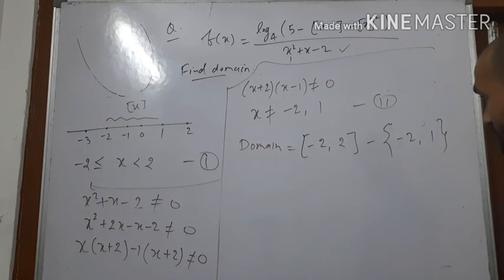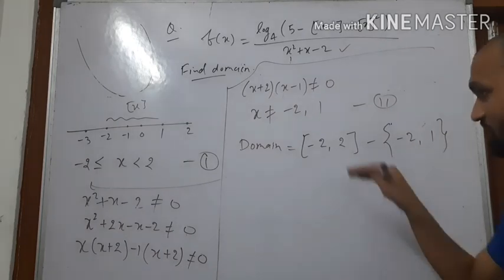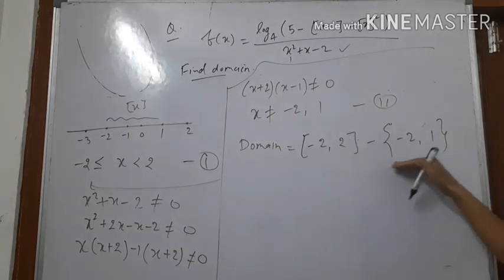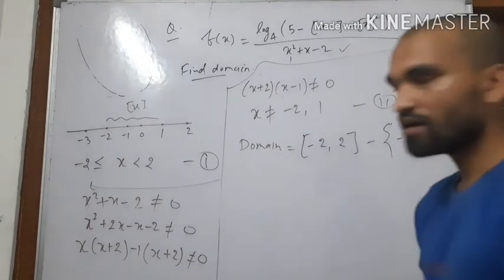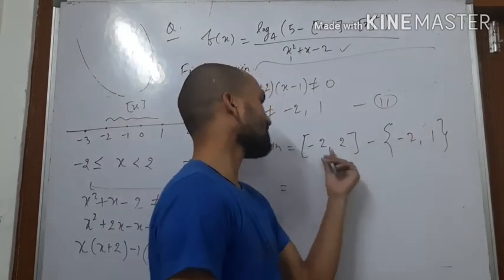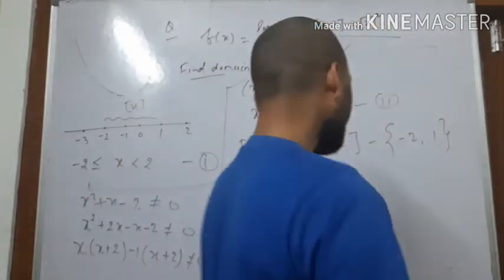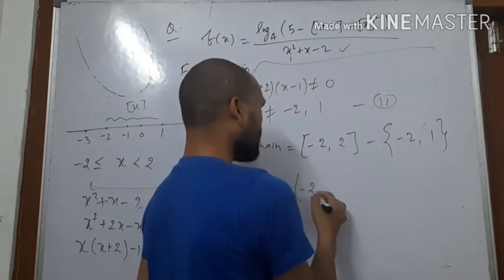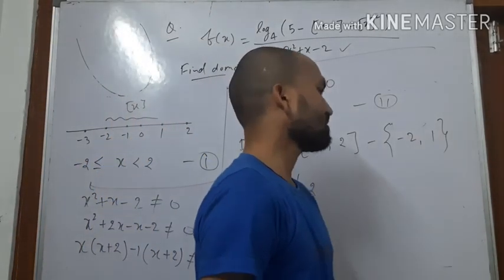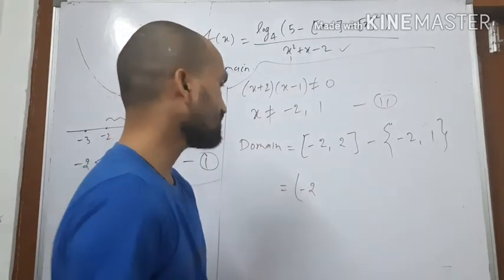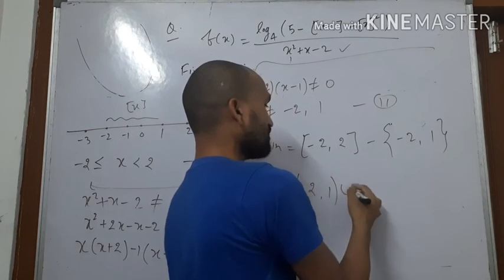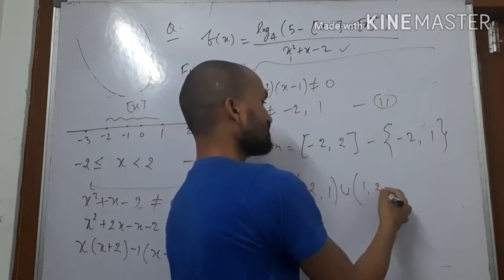We should remove the values -2 and 1 from this interval. If you remove -2 from here, you can write -2 in open interval form, because now -2 is not included, and 1 should not be in the answer, so break from 1 and union 1 to 2.